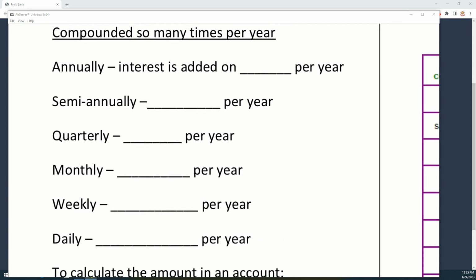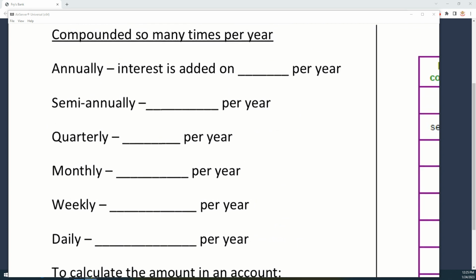They'll have words that describe the number of times. So if it says the interest is compounded annually, how many times do you think that is? If it's annually, one time per year, good. What about semi-annually? Yes. Quarterly? 4.